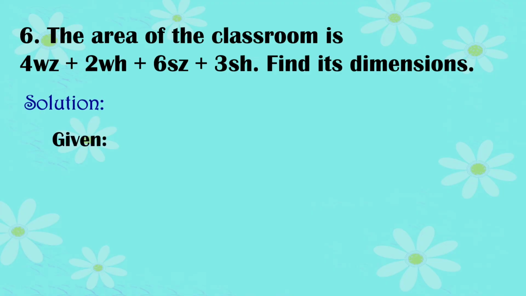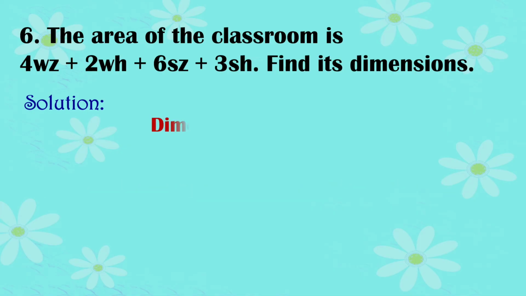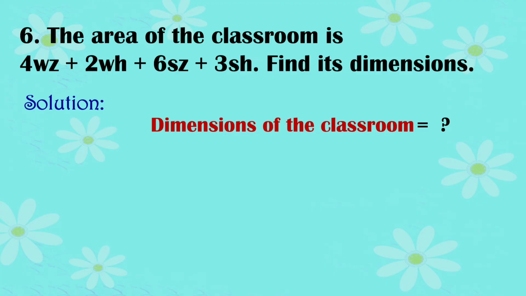So, solution. Ang given natin sa area of the classroom is 4WZ plus 2WH plus 6SZ plus 3SH, and we're looking for its dimensions. At dahil 4 na terms yan, ipa-factor natin siya gamit yung grouping.